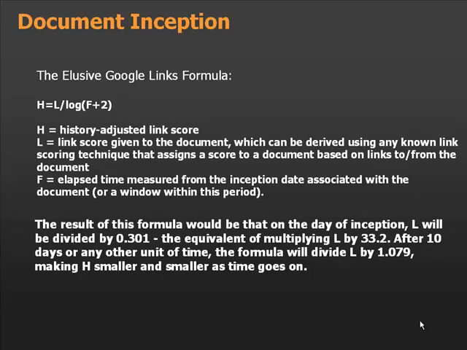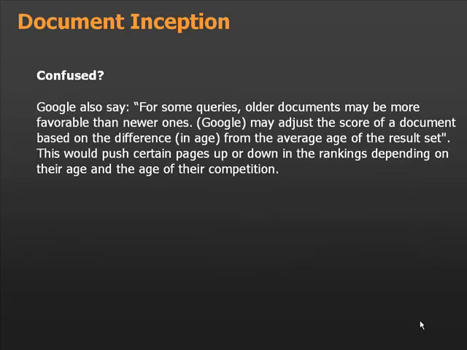Okay, if you're a novice, are you feeling confused? Well, let me break it down for you. Google say for some queries, older documents may be more favorable than new ones. They may adjust the score of a document based on the difference in age and the average age of the result set.